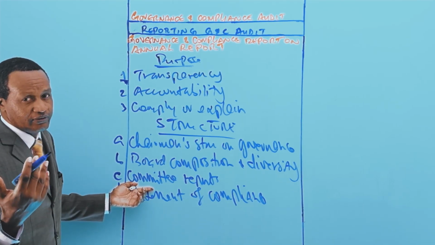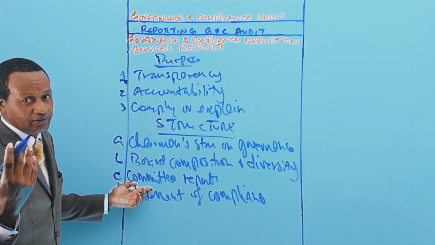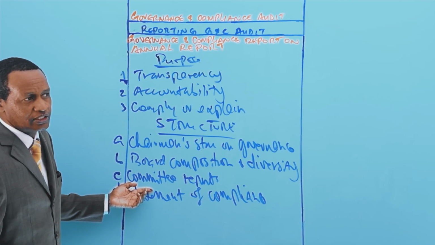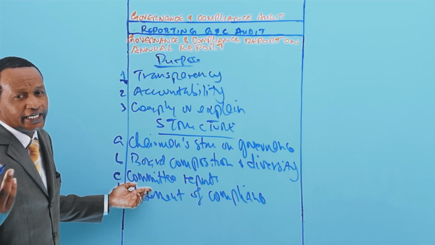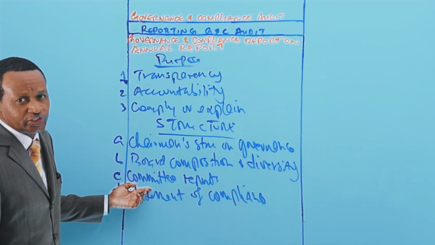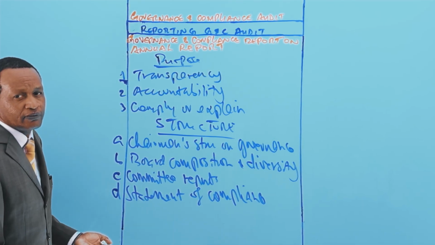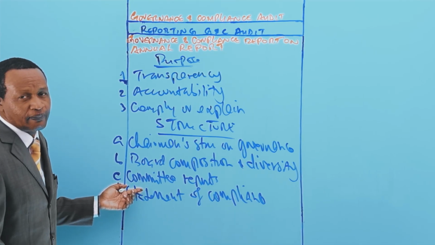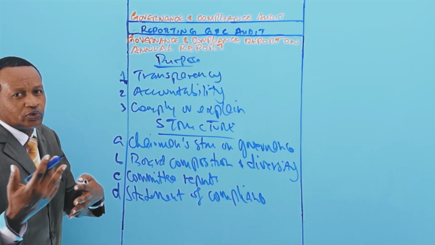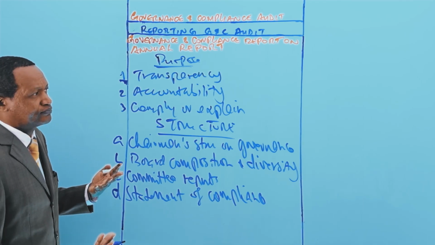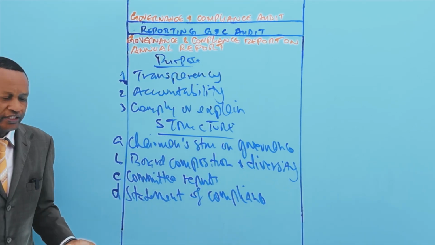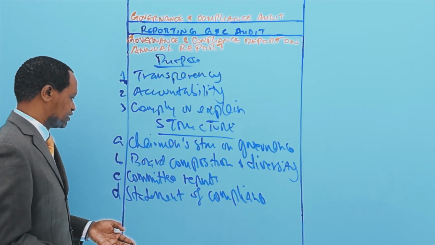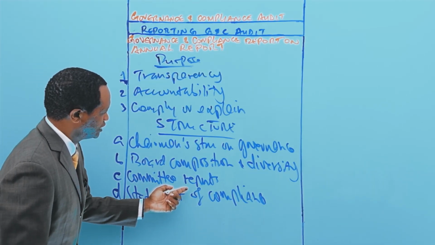We may have the risk management committee report, which states how the organization identifies and mitigates strategic and operational risks. We may also have the remuneration committee, which discloses executive pay and how it aligns with the long-term performance of the organization.